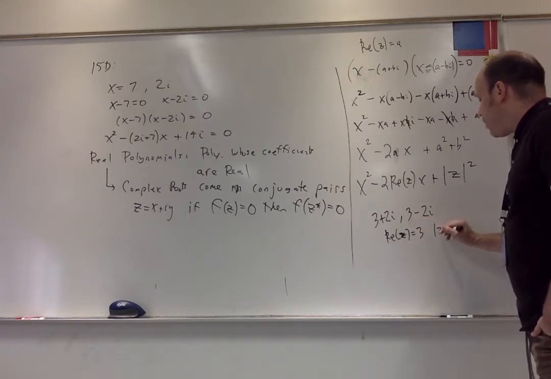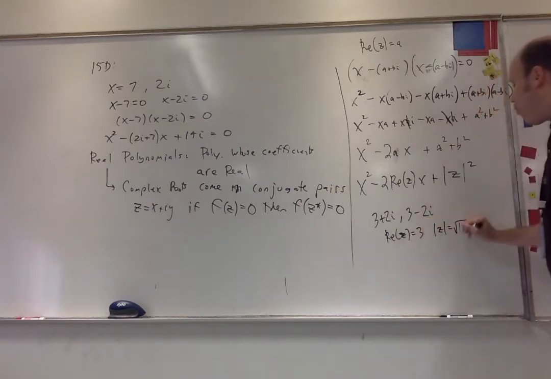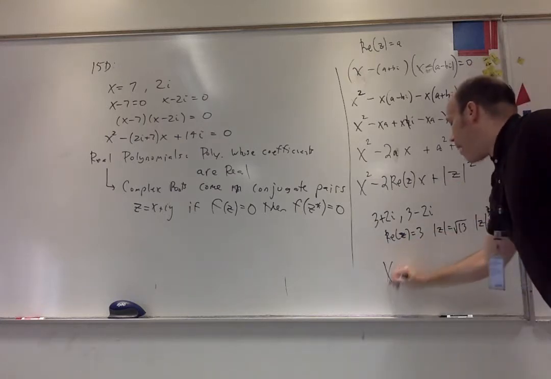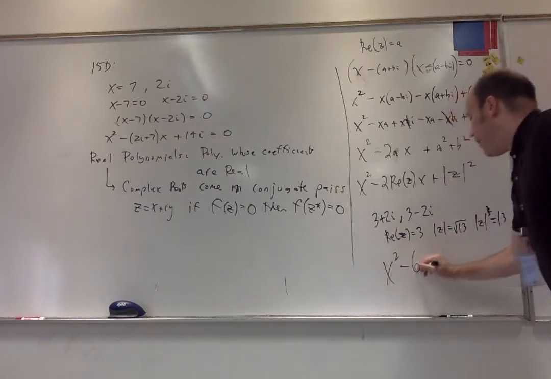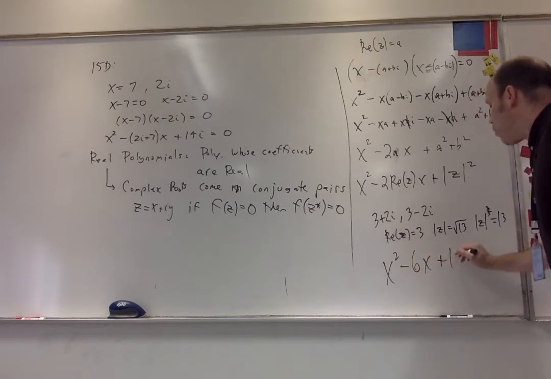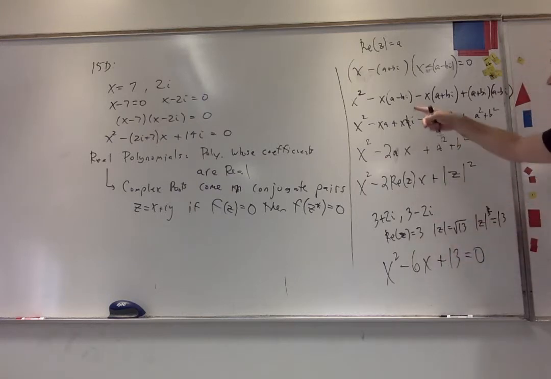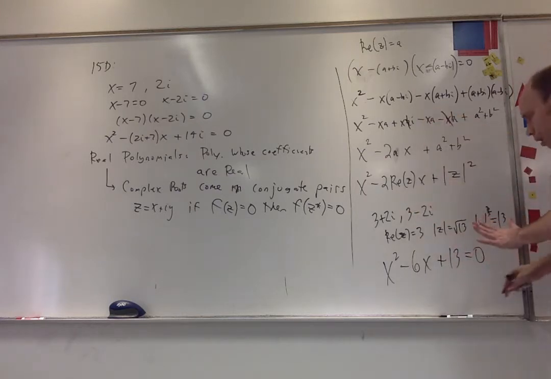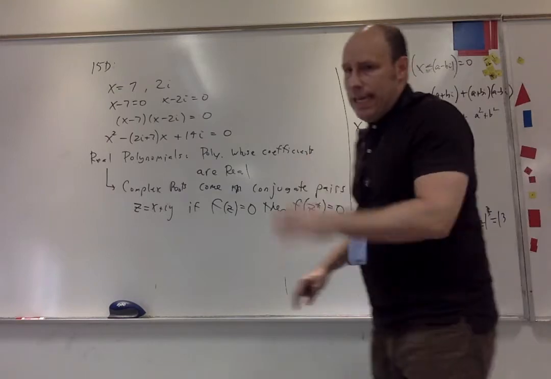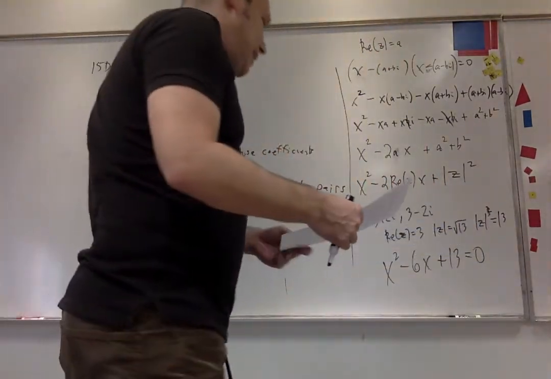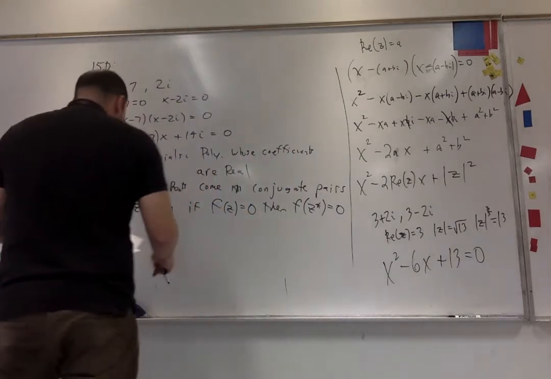And the modulus of z is radical 13, so the modulus of z squared is 13. And so we get the quadratic x squared minus 6x plus 13. If that equals 0, and we solved it, it would generate these two roots. Okay, that's 15D.